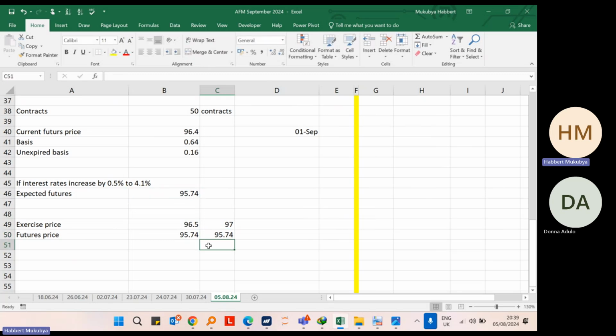Now the question that normally comes with options, because options give you the choice to exercise. Remember, these are call options, and we are buying. So if you can buy at 95.74 in the market, or you can use your option's exercise price of 96.5, which one would you use?